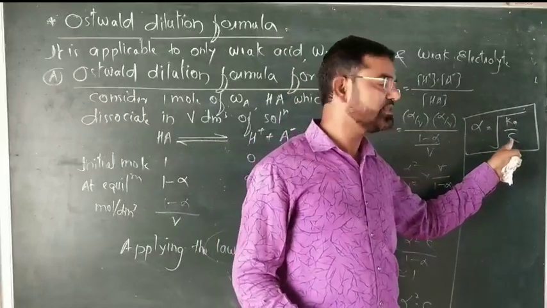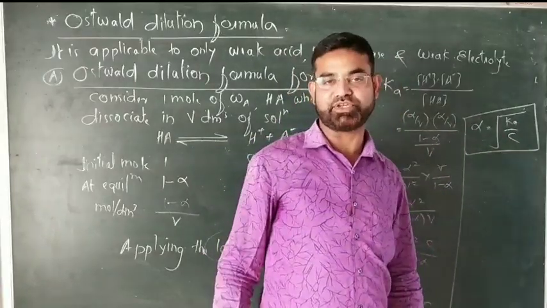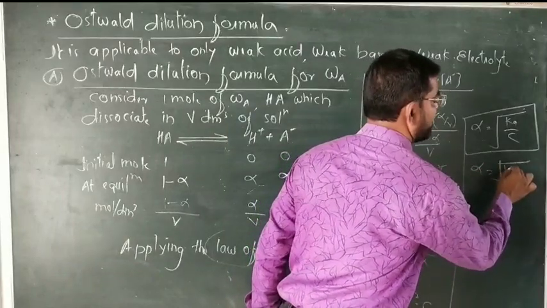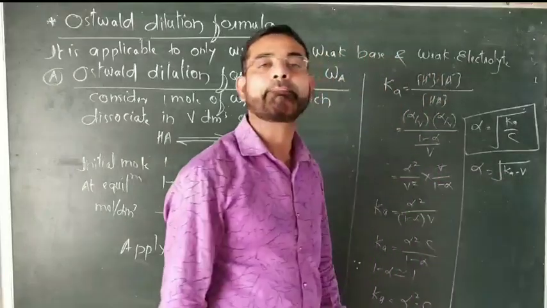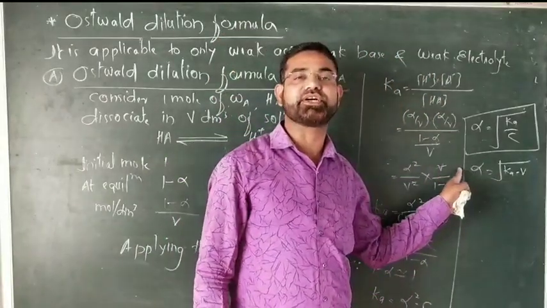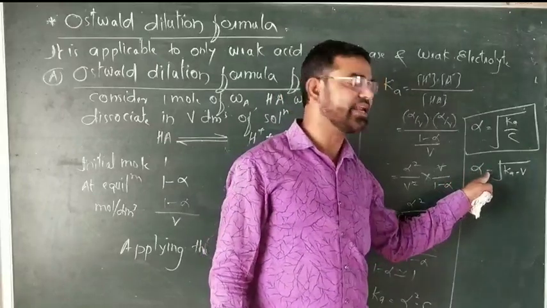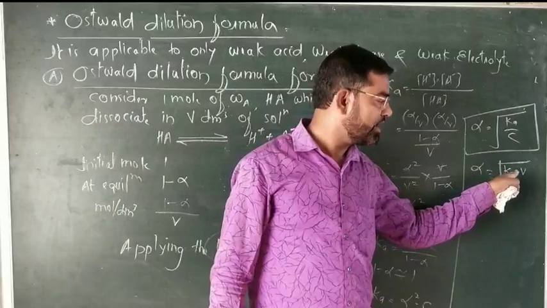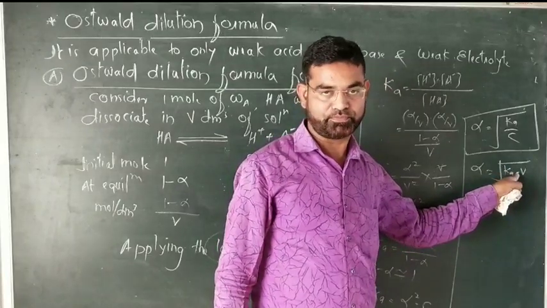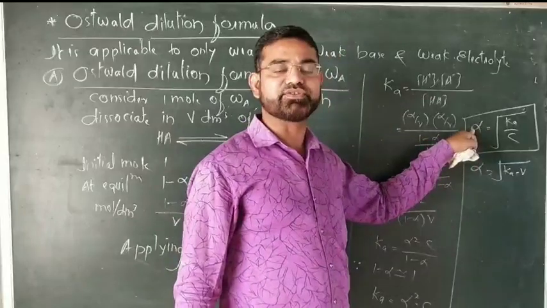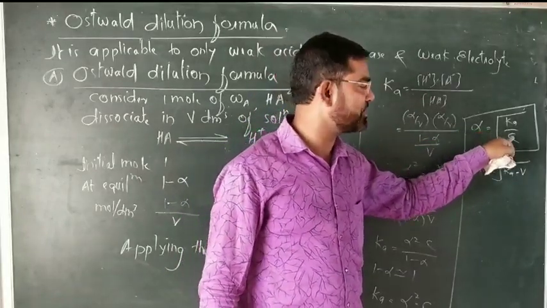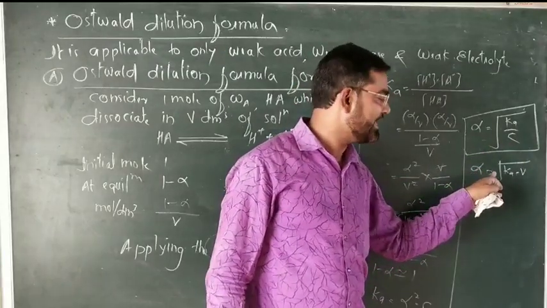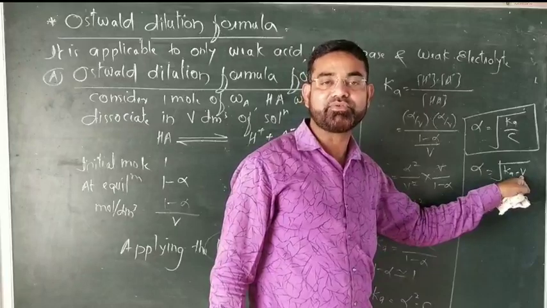If we explain the same relation in terms of dilution volume, alpha is equal to under root Ka into V. Means the degree of dissociation for weak acid is directly proportional to the square root of volume. The degree of dissociation is inversely proportional to the square root of concentration, and directly proportional to the square root of dilution.